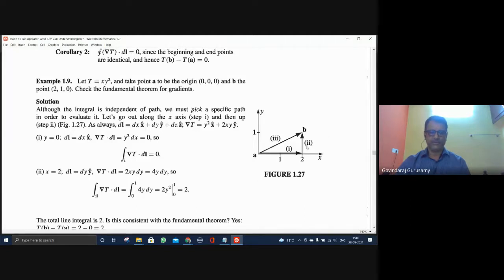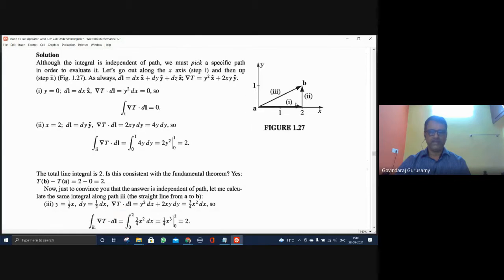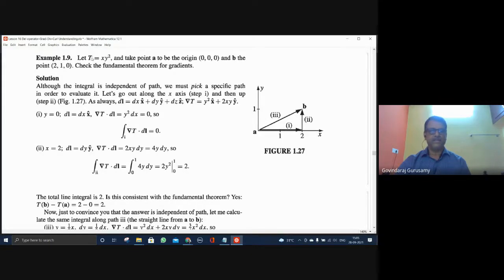Go to path 2. What is path 2? It says that x equals 2, and dl is along the y direction, so dy times y cap. Now find del T dot dl. The dl has already been found. You have del T, which is given by this because we know the function T. Your dl is dx, dy, dz, the elemental length of the line integral.